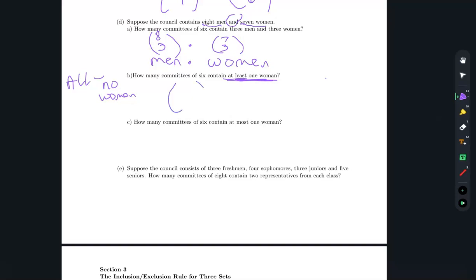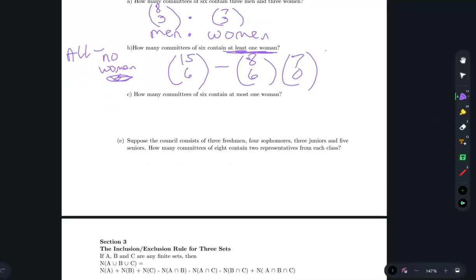So if it's all choices, out of the 15, we choose 6. And then I'm going to subtract off the 1 case where there's no women. That means out of the 8 men, I choose 6, and out of the 7 women, I choose 0.